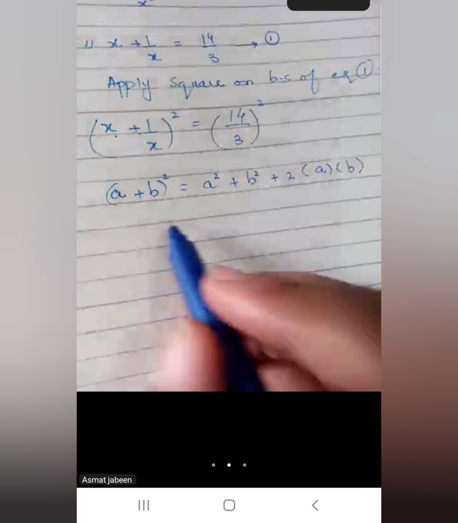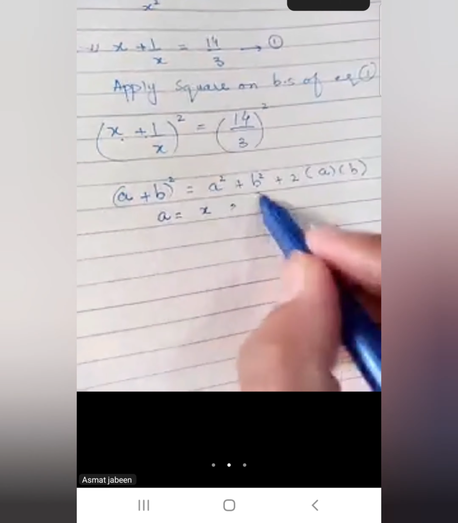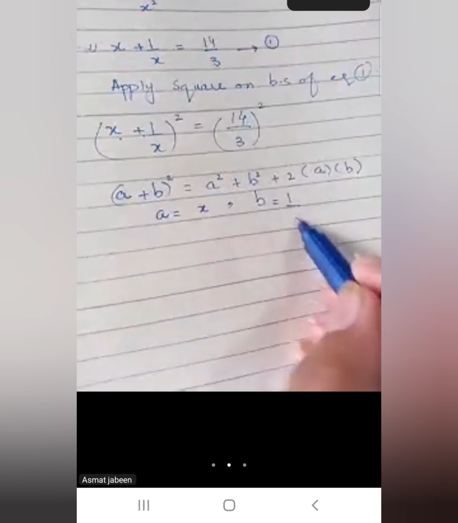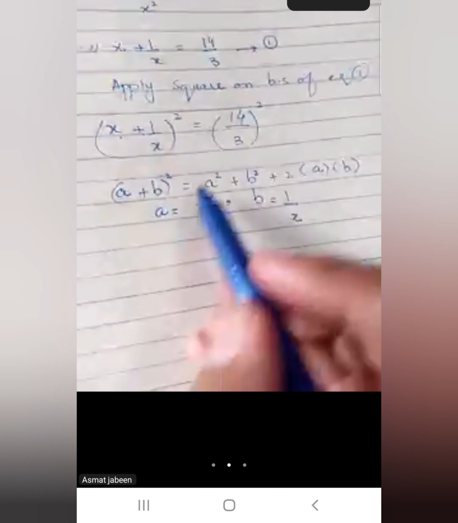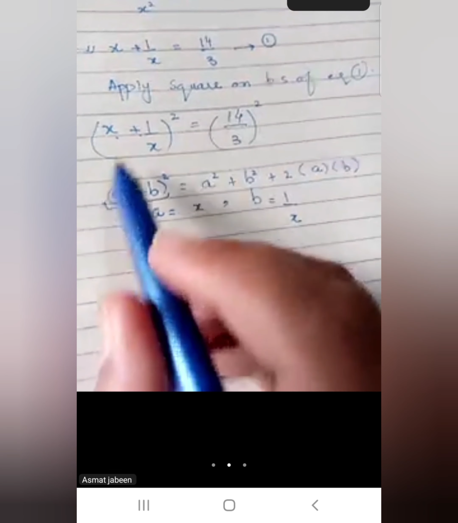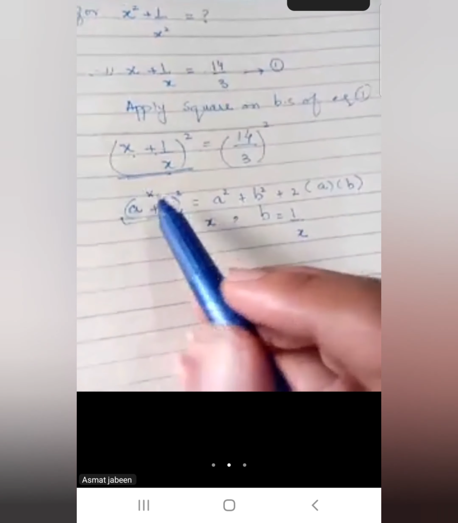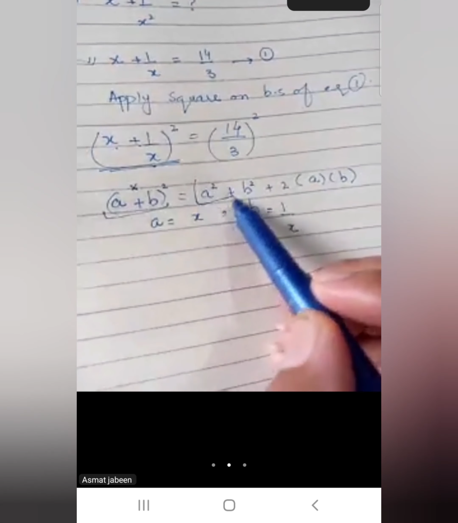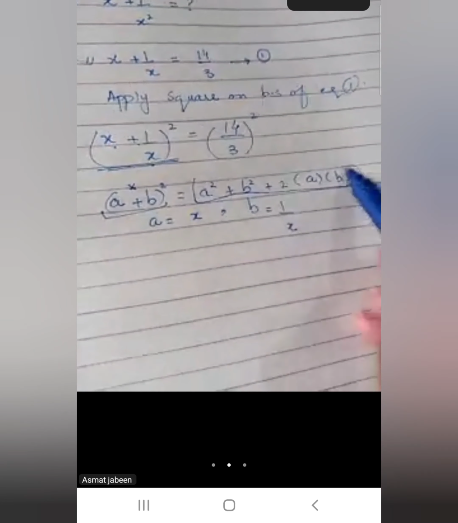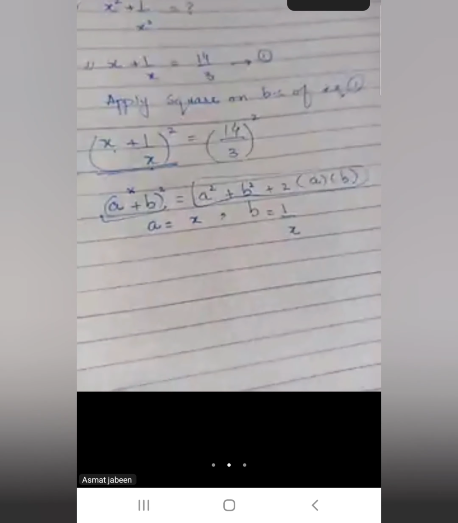Where a is x and b is 1 by x. ठीक है? So this form was given. Here, look, this form is given. No need to put values in this form. Just put values in the opened form because here closed was given and we are going to open it.